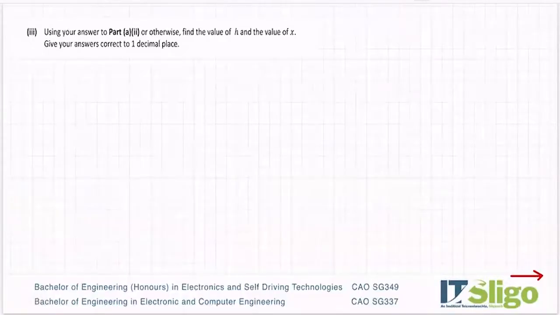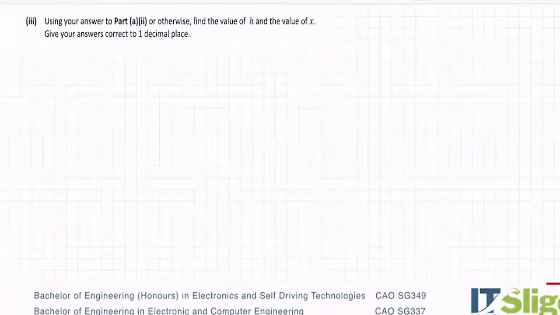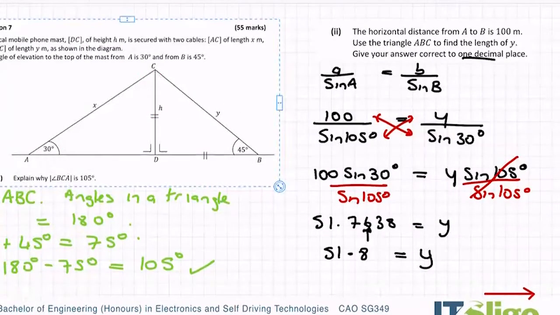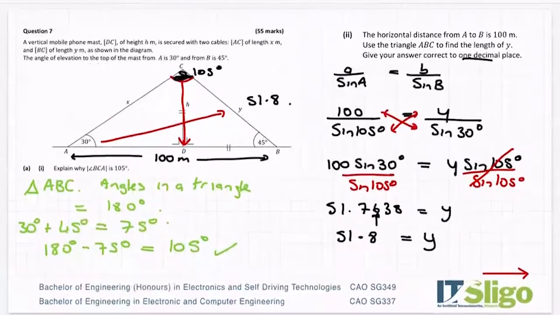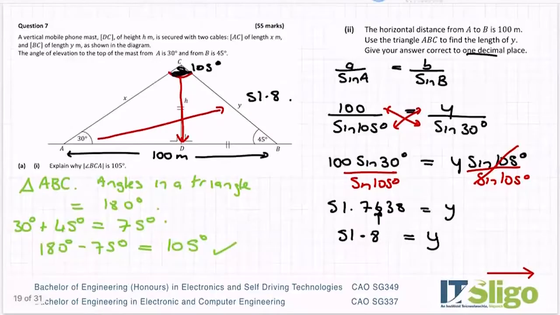Part 3, use your answer to part A2, so that's just what we're after doing, or otherwise find the value of h and the value of x. Okay, so the value of h and the value of x. Again, I'm going to clear off the triangle so we can get a look.